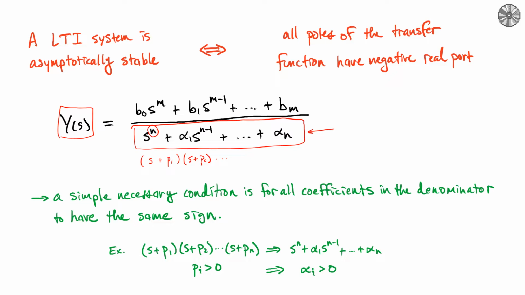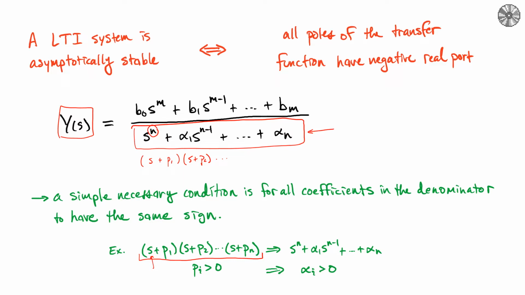One thing to note before we launch into that is that if we have an expression like this, where all the p_i's are positive, then the s that makes the term zero is, for p1, negative p1.